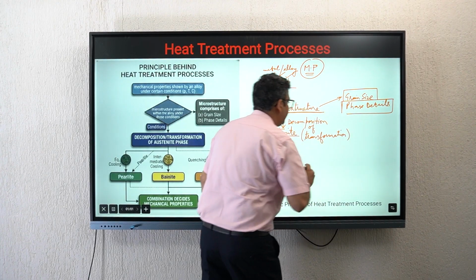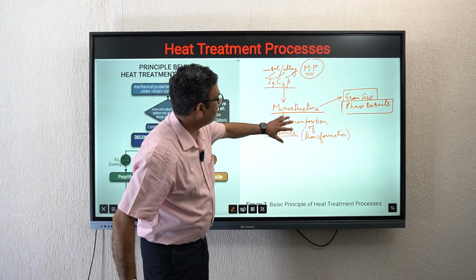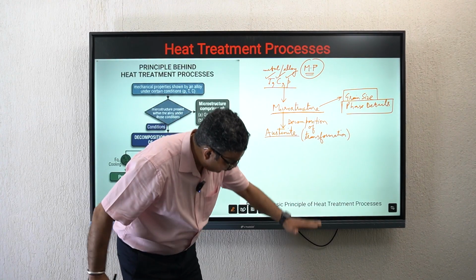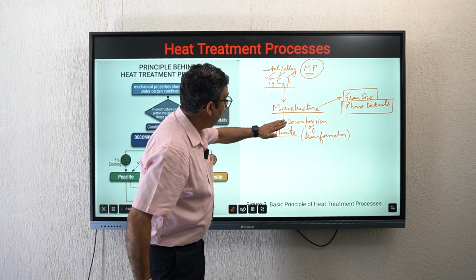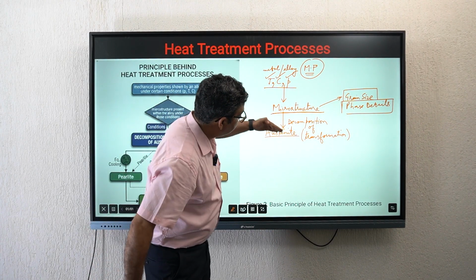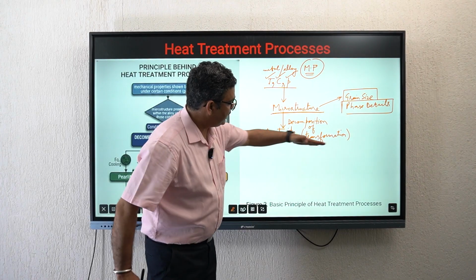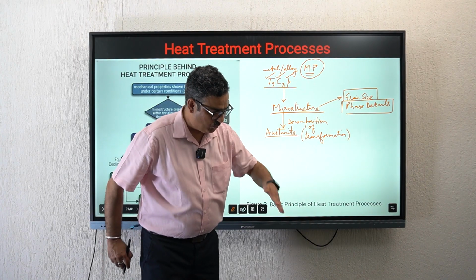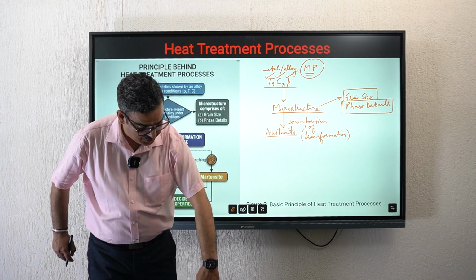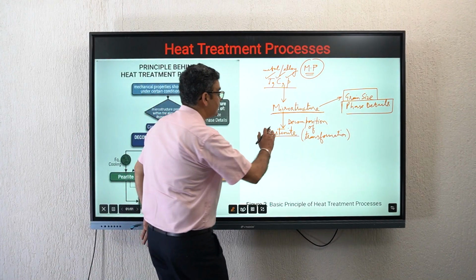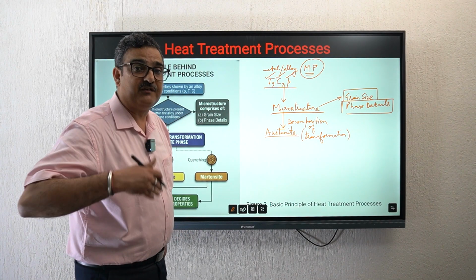Now, when you were bringing the steel from a high temperature, when it was containing austenite, to room temperature, depending upon how steel is being brought to room temperature, very slow cooling or faster cooling or still faster cooling or quenching, very, very fast cooling, austenite will transform, students, into different phases.